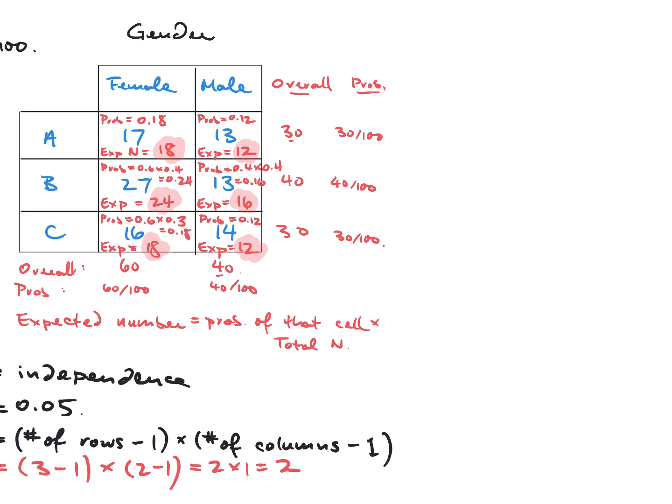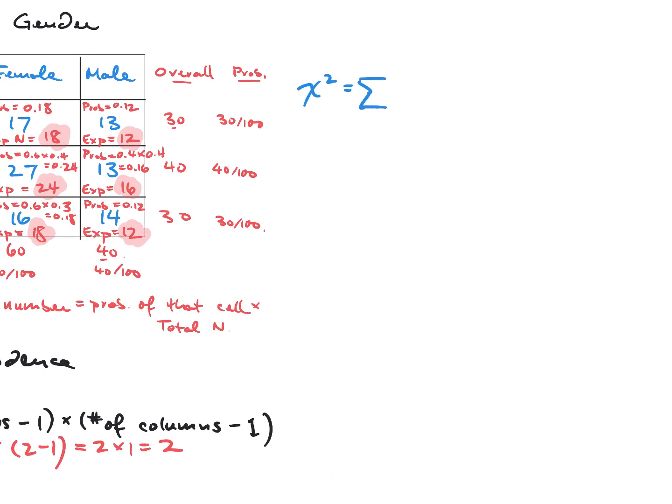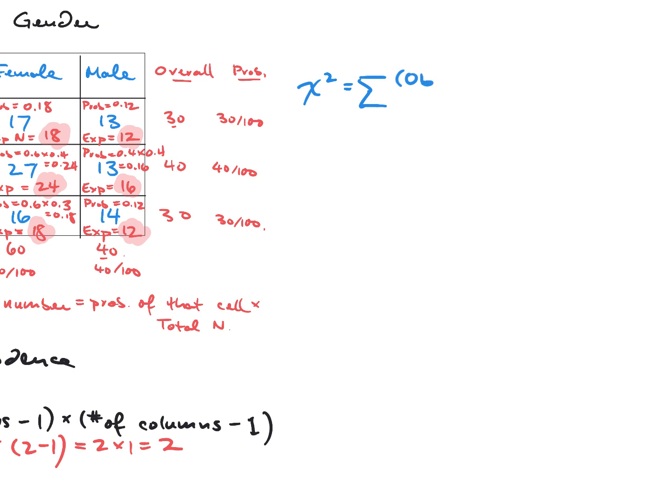The test statistic is calculated by adding up, so we add up the observed number in the category minus the expected number in the category squared, over the expected number in the category.